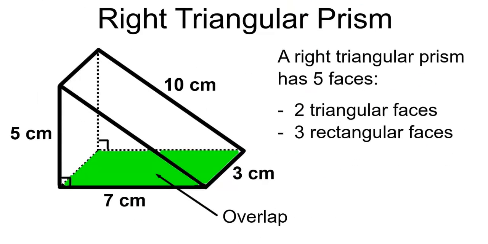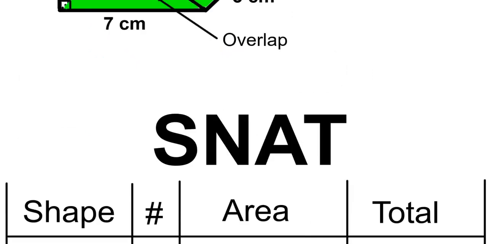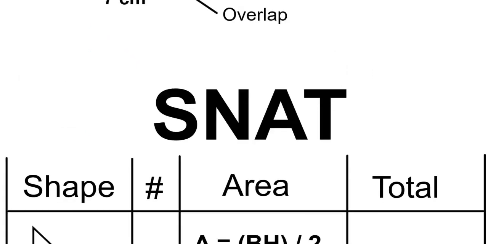Let's start by finding the surface area of the right triangular prism. A right triangular prism has 5 faces, 2 triangular faces and 3 rectangular faces. However, one of those faces has overlap, so we won't count that. We'll use our acronym SNAT.